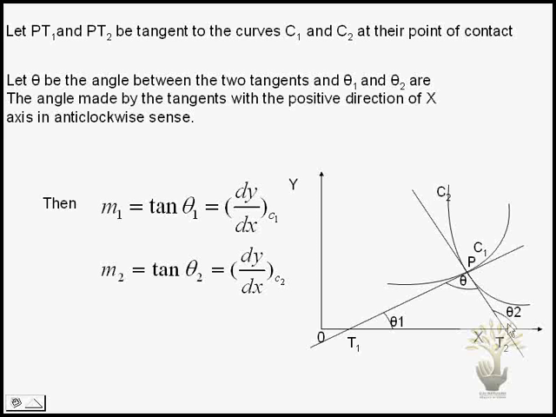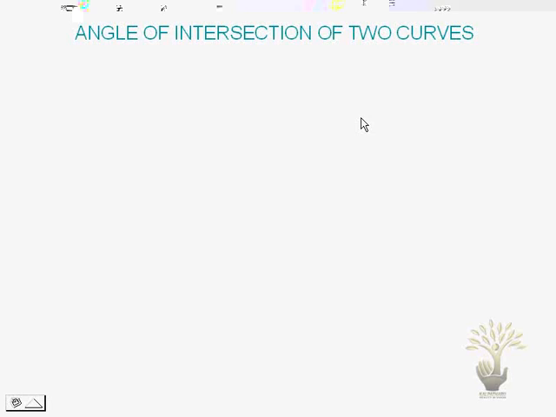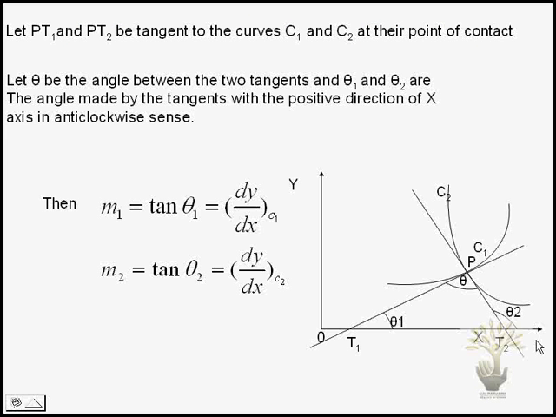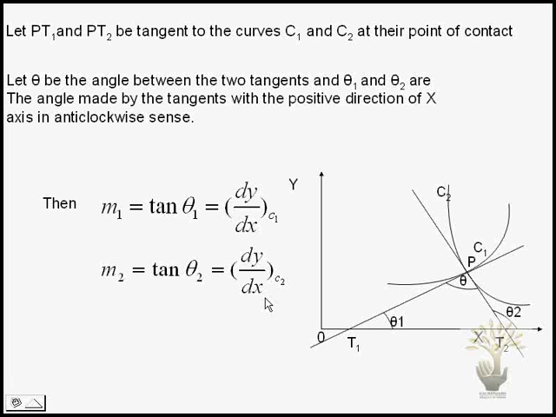Similarly, M2 is nothing but the slope of the second line. The slope of the second line is tan theta 2, since the line is making an angle theta 2 with the x-axis, and this line PT2 is again the tangent to the curve C2. Therefore the slope of the tangent is nothing but dy by dx of the curve C2 at their point of contact.